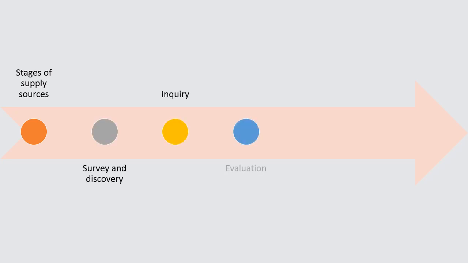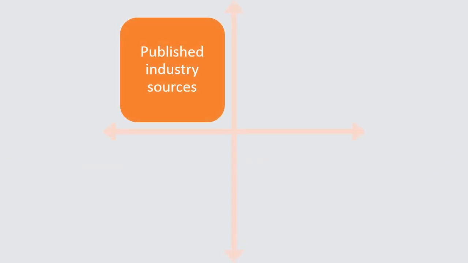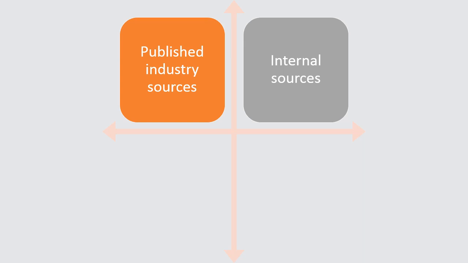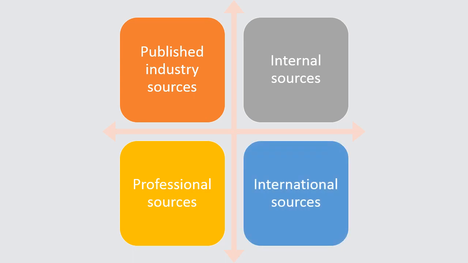Stages of supply sources: survey and discovery, inquiry, evaluation, selection, development. These sources of supplier information can be classified into four different categories: published industry sources, internal sources, professional sources, international sources.